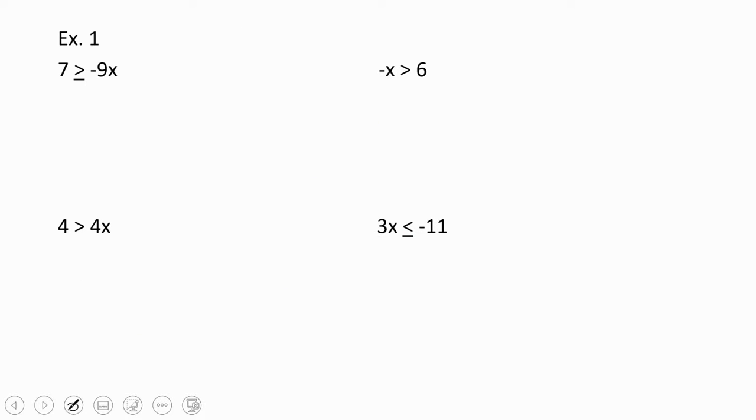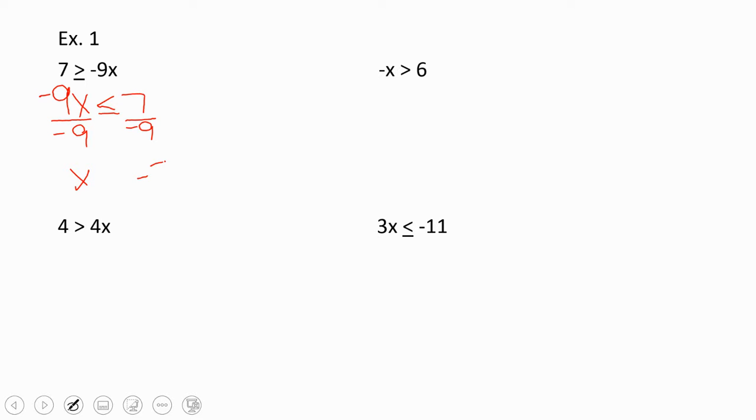So example 1, I have 7 is greater than or equal to negative 9x. First thing I'm going to do is flip it so my variable's on the left. Okay, now it's negative 9 times x. I want to get x by itself, so I'm going to divide both sides by negative 9. Okay, that gives me 1x, positive 1, because remember, negative divided by negative is a positive.